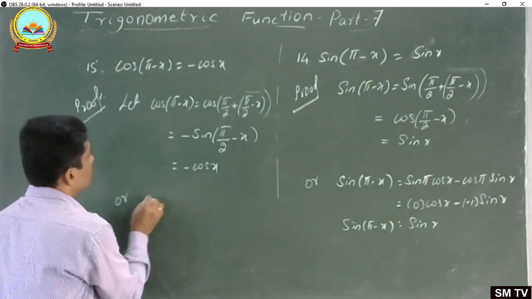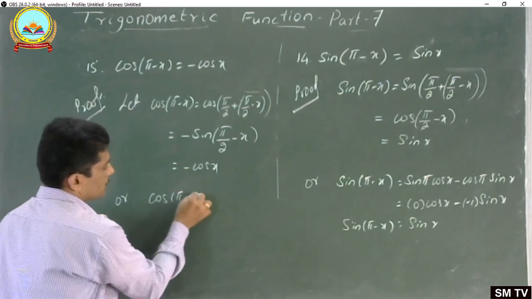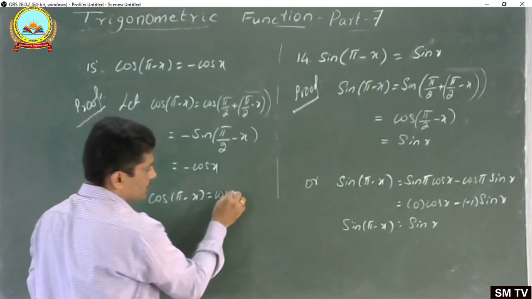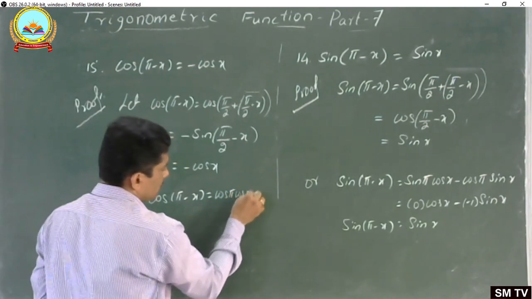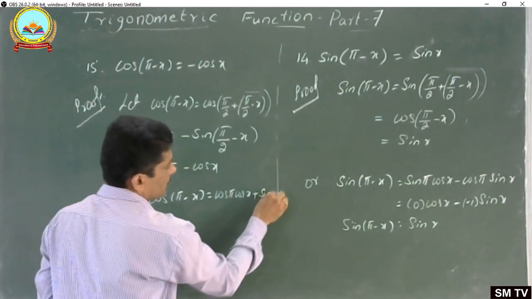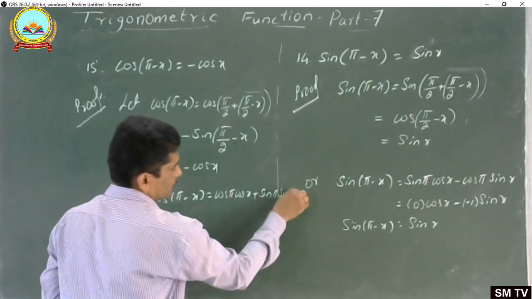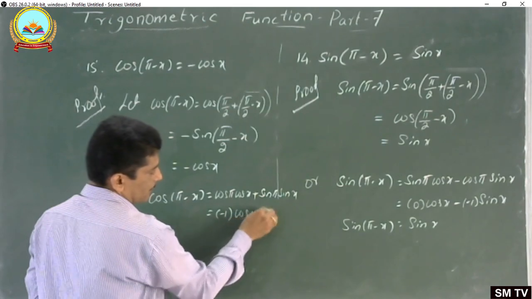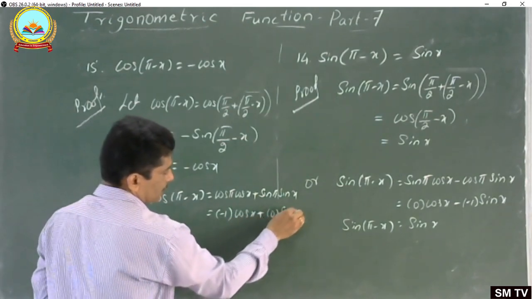On using compound angles, cos of pi minus x is rewritten using the cos of x minus y formula: cos x into cos pi plus sine x into sine y. Cos pi means minus 1, cos x. Sine pi means 0 into sine x.